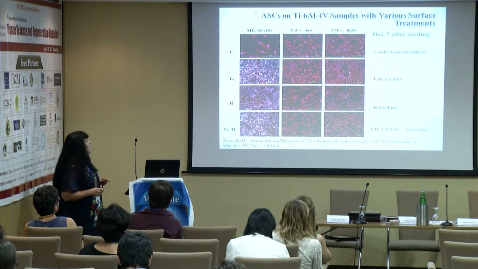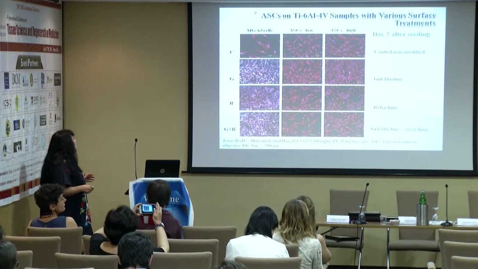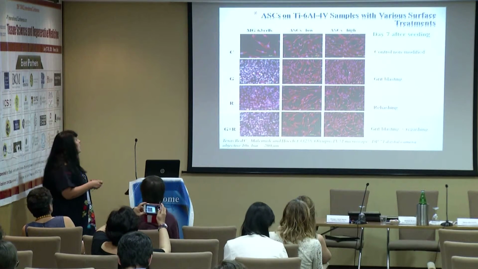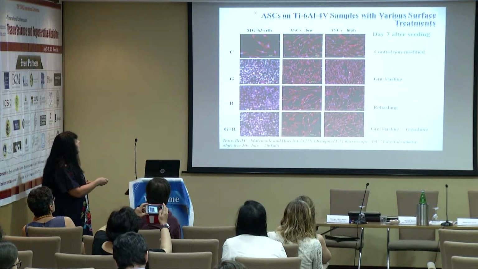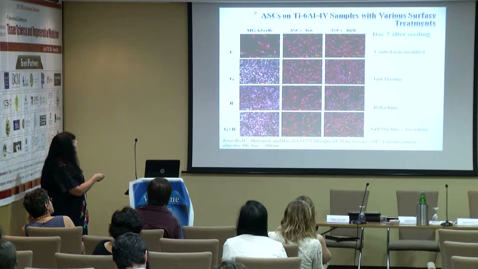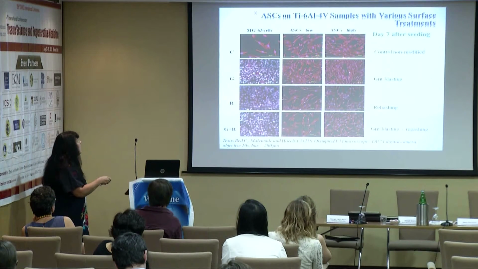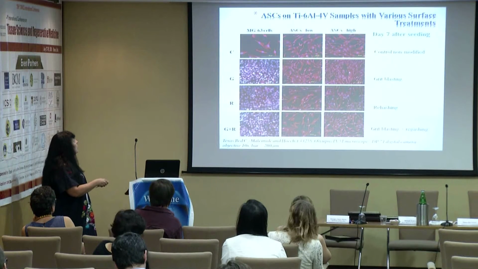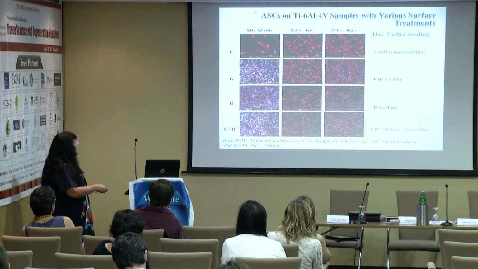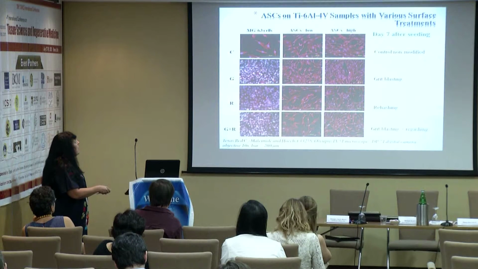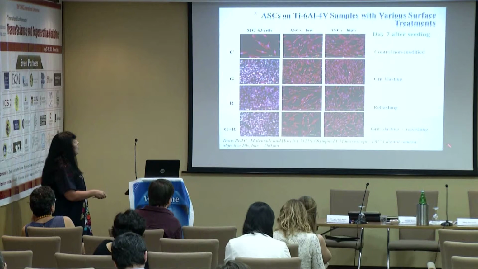And finally, we seeded the stem cells on metallic materials designed for bone implantation. It was titanium, aluminium, vanadium alloy, currently used in clinical practice. And we used several surface modifications: grit blasting, rehashing, in fact milling, and a combination of both treatments.